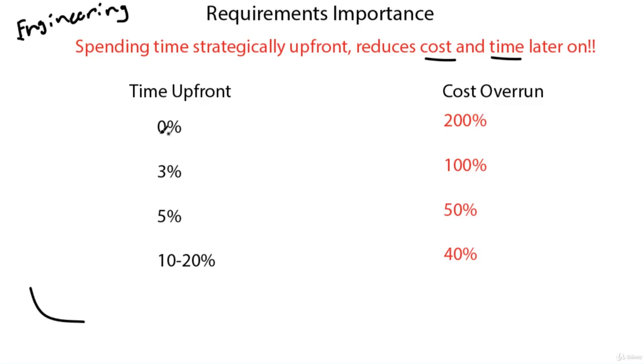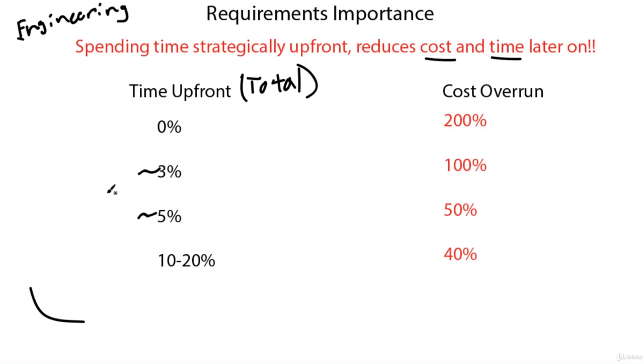But this is just saying of the total time here. So this is time total. What we're talking about is if we spend 0% of our time, so we're spending absolutely no time up front, the typical cost overrun is 200%. If we spend roughly 3% and roughly 5%, we hit 100% and 50%.